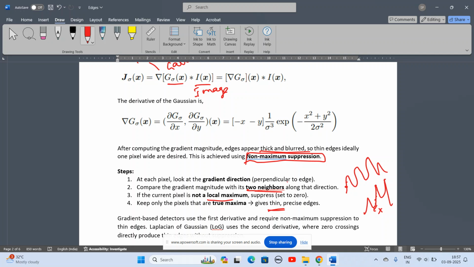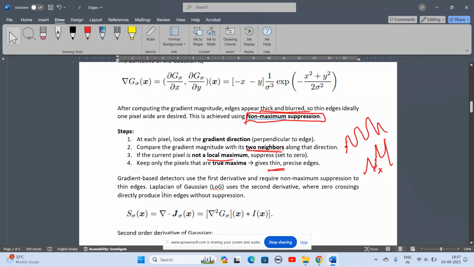In order to reduce them to thin, we apply suppression. I compare my neighboring pixel. If my neighbor produces a good result, I will move to that neighbor and then move ahead from there. If not, I'll omit that neighbor and consider the next and next neighbors. Right, so this is what non-maximum suppression is.